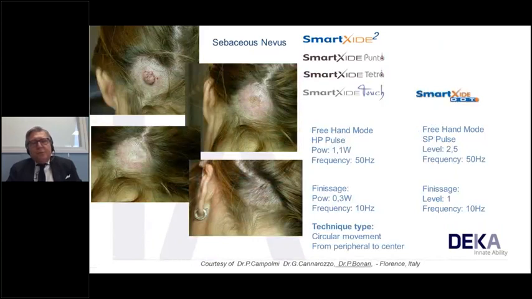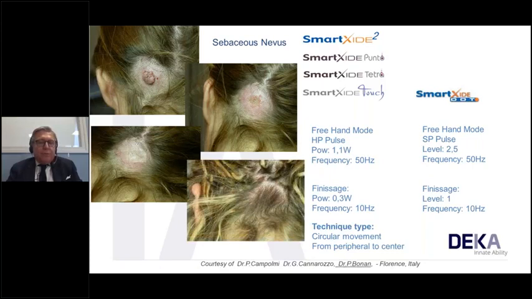This is a meaningful case where we can appreciate the treatment of sebaceous nevus, where we have a sebaceous nevus that is like a plug that interferes with the hair regrowth. But after the treatment, we have completely dramatic hair regrowth.